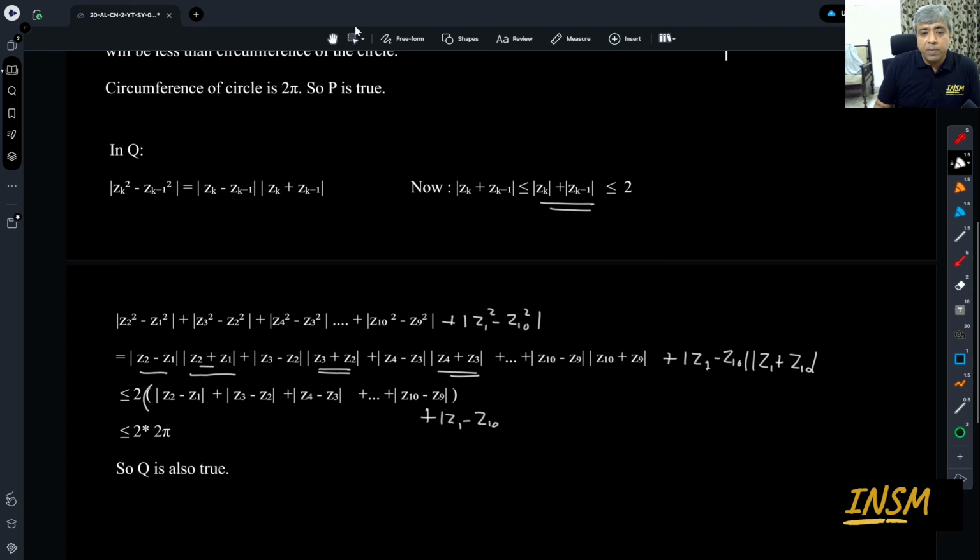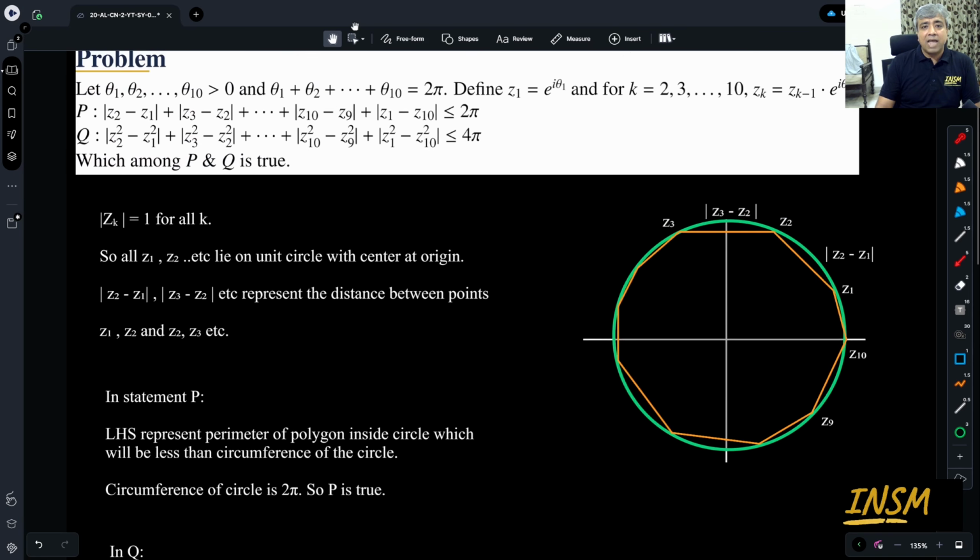And we saw in P that this term is less than 2 pi. So this whole term should be less than 2 multiplied by 2 pi, which is 4 pi. So Q is also true, since it said that this statement is less than or equal to 4 pi.